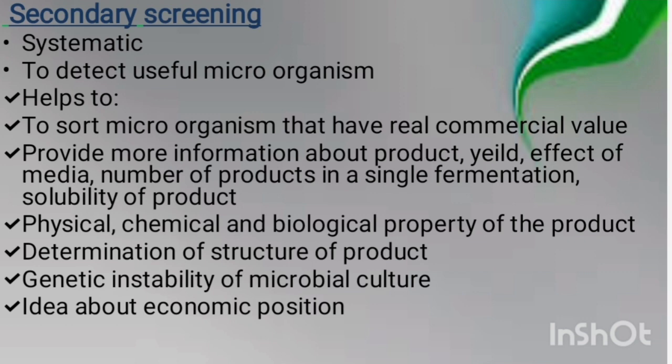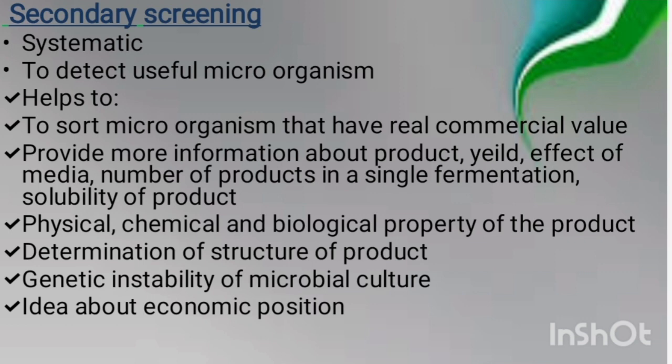Secondary screening helps to give information about the solubility of a product in different organic solvents, and also information about the physical, chemical and biological properties of the product. It also helps to determine the structure of the product, whether it is a simple, complex or macromolecular structure.